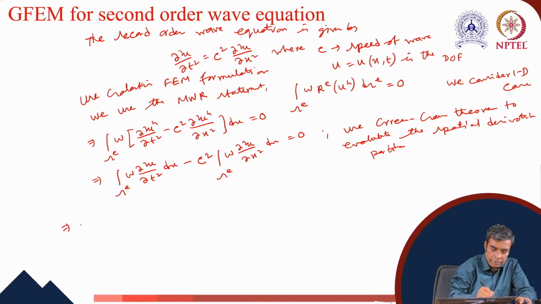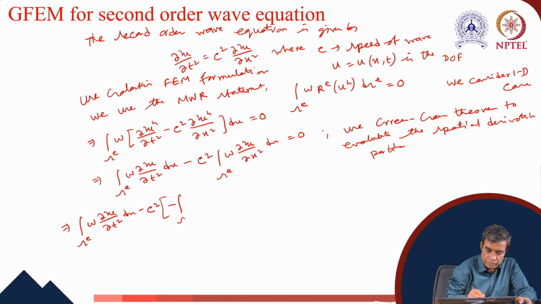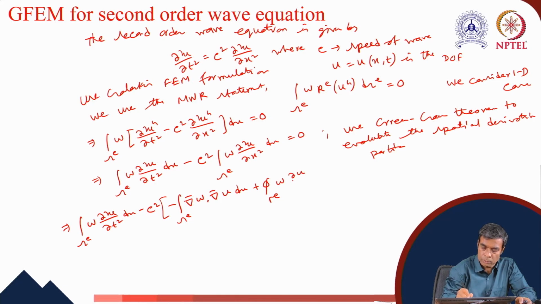This gives us integration over Ωe of w ∂²u/∂t² dx minus c² times minus integration over Ωe of grad w dot grad u dx plus boundary integral over Γe of w ∂u/∂n dΓe equals 0.